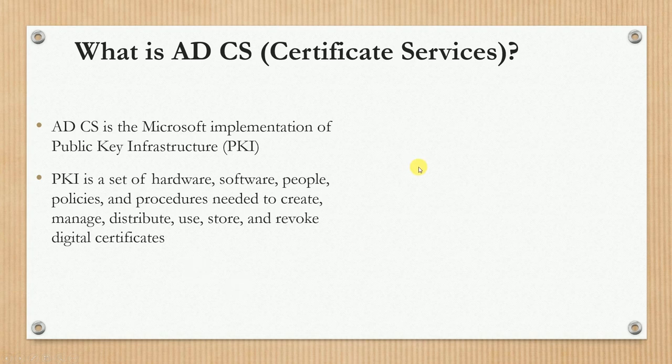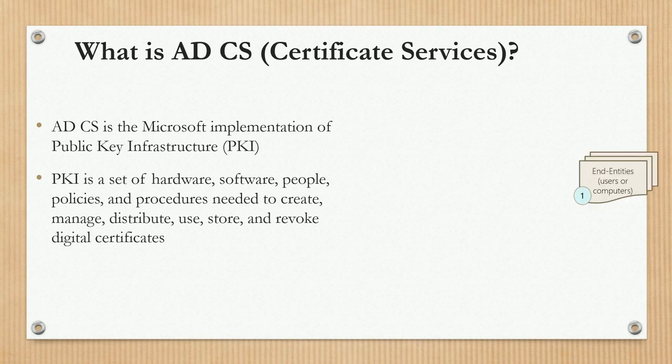Let me explain this with a story. Whenever we are building any infrastructure, we need a certificate to communicate from the client to the servers, and that certificate is provided by the certificate services that come under Active Directory.